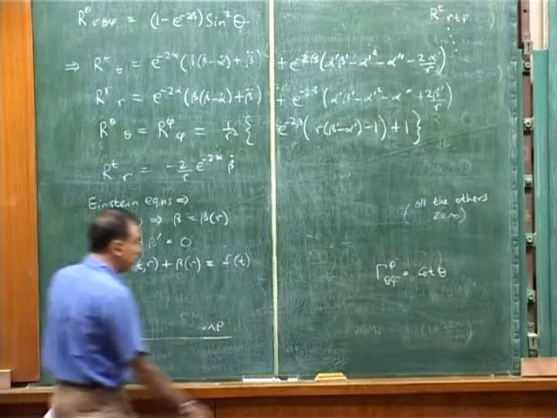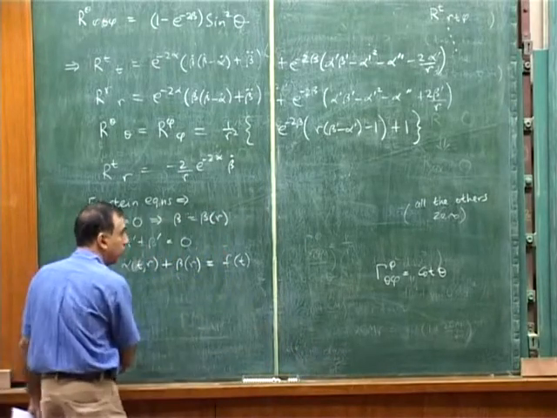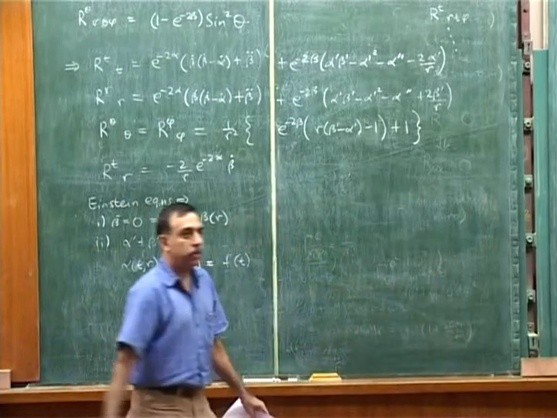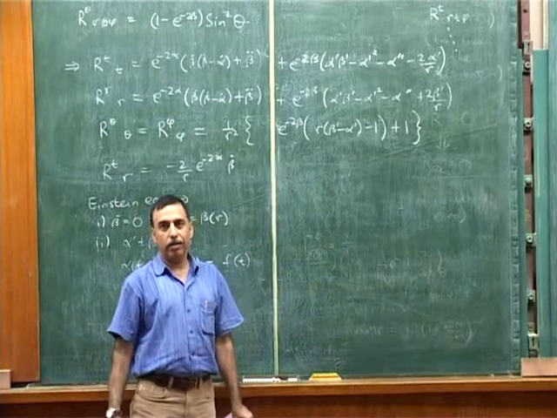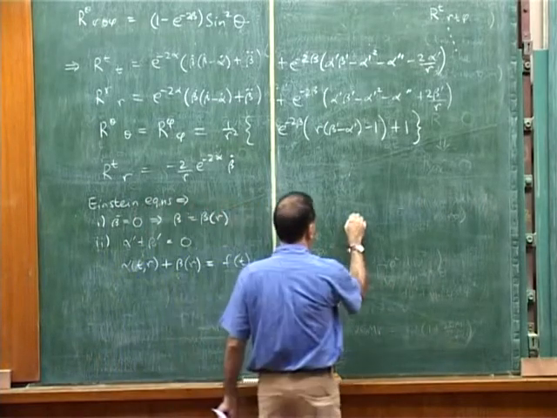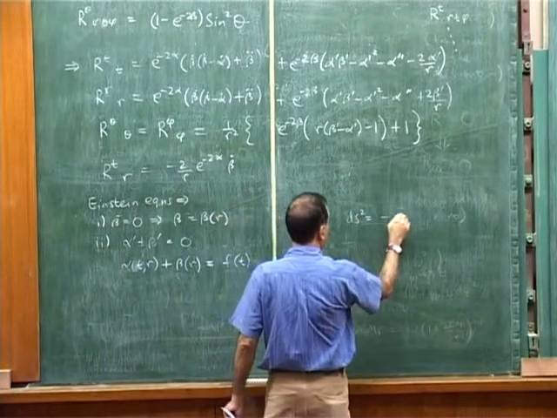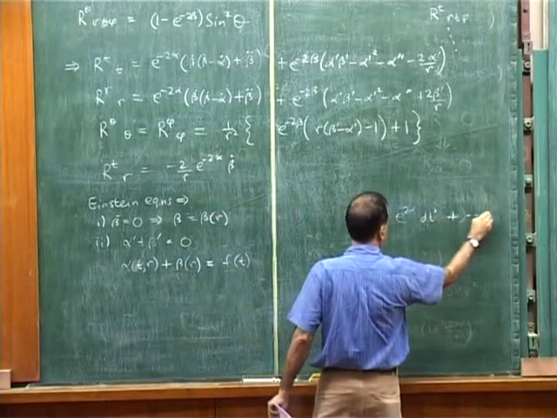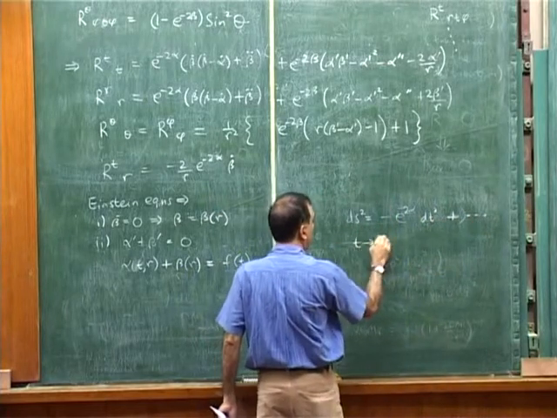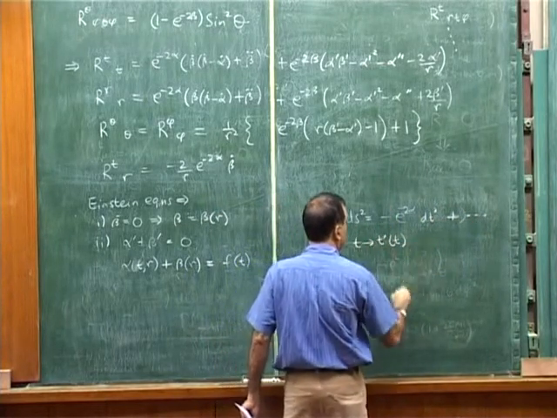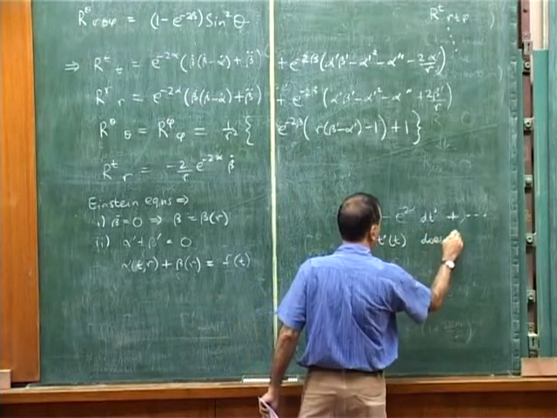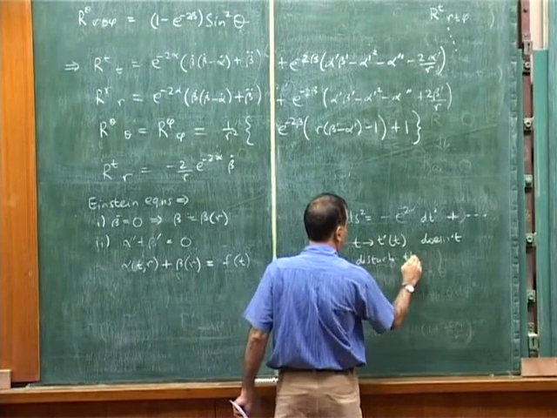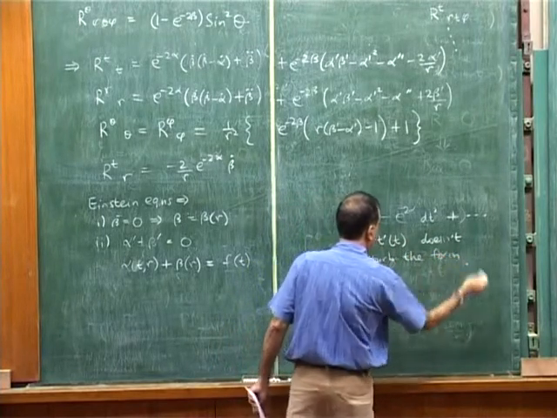Okay, now let's remember something that perhaps we had not thought much about. We thought we had used up our general coordinate transformations of T and R. But actually, if you recall the form of the metric, ds squared equals minus e to the 2 alpha dt squared plus etc., t going to t prime of t doesn't disturb the form of this metric.